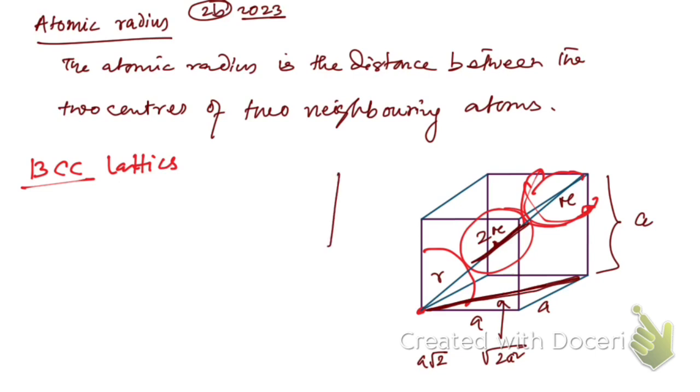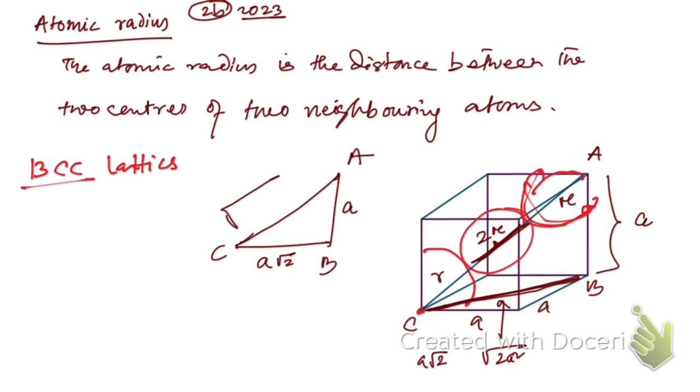So from this triangle, you see a root 2 here, and here it is a, so what will be the length here? Suppose this is a, b and c. If you check, then ac square is equal to ab square plus bc square.